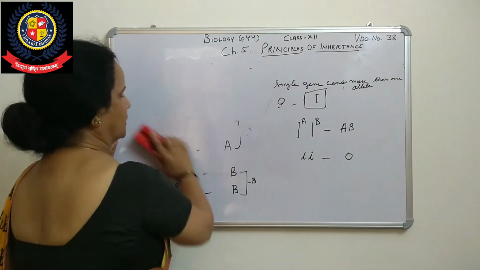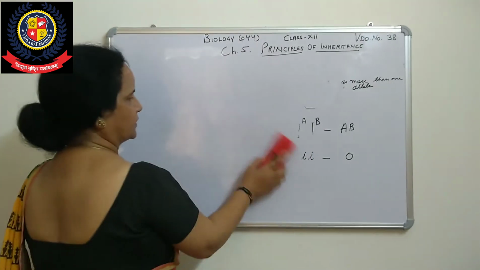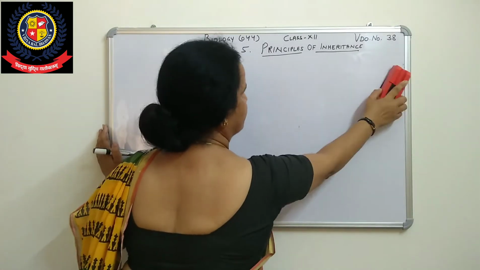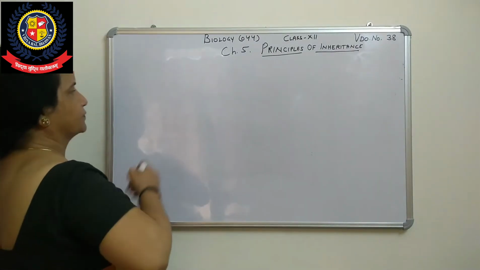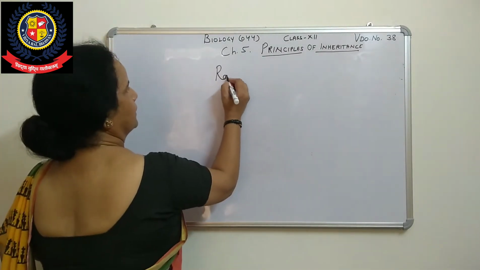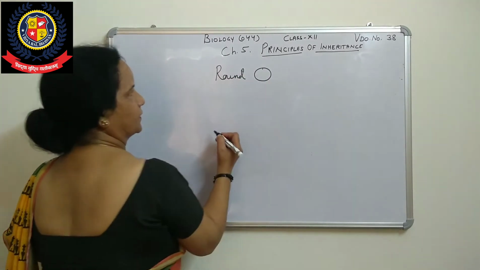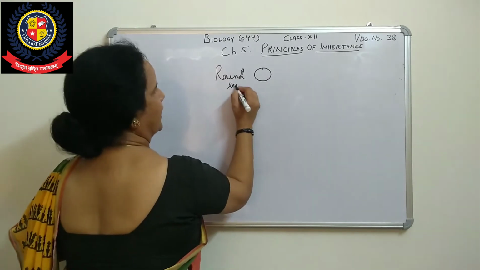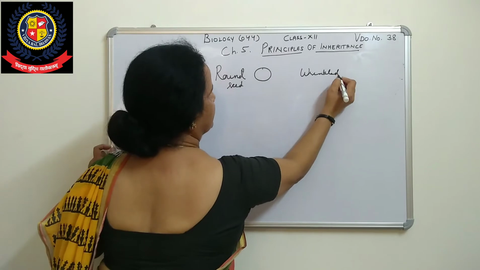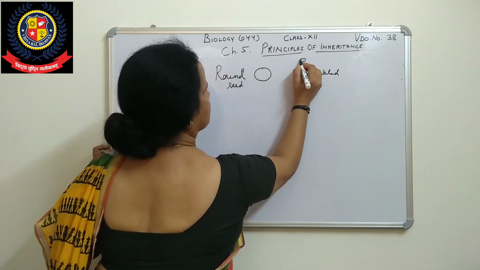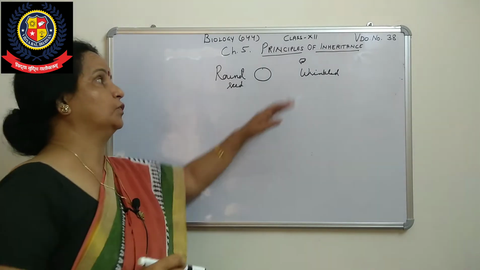They have taken pea seeds. There are two contrasting characteristics of these seeds, round and wrinkled. Why is it so round and why so wrinkled?